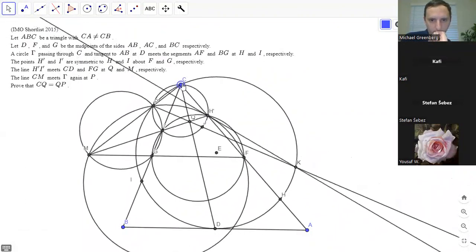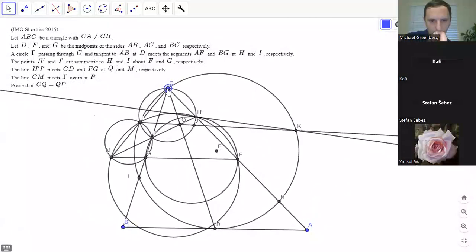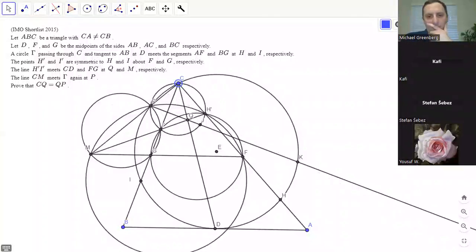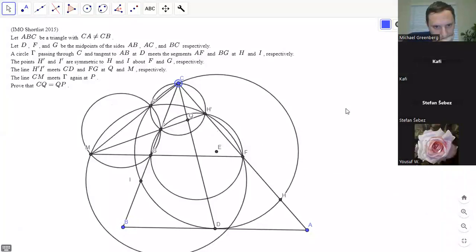So you're trying to prove that they are cyclic by power of a point? I'm trying to see how I can show this angle equals this angle. Even if I knew everything was cyclic, how would I solve the problem? Maybe we have some kind of spiral similarity.